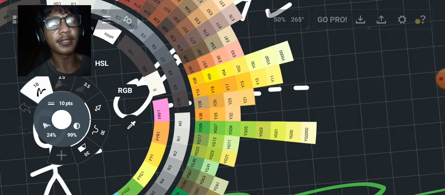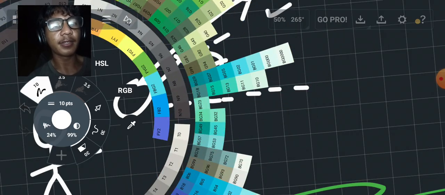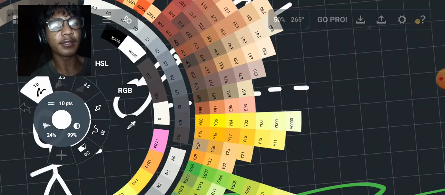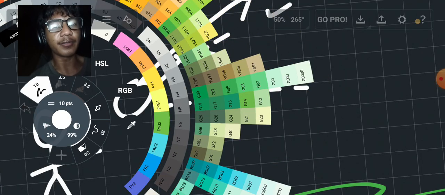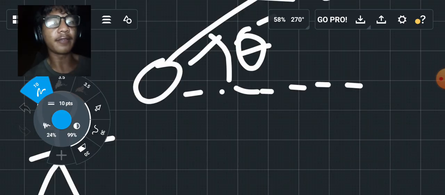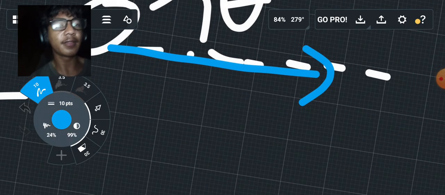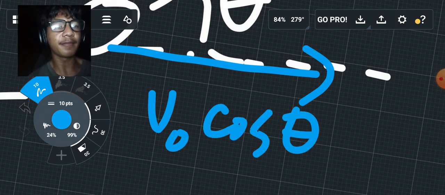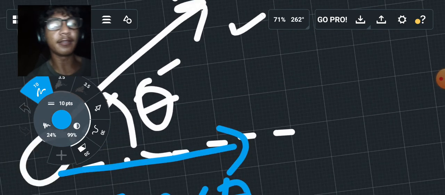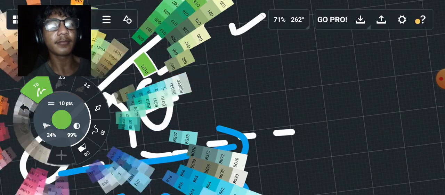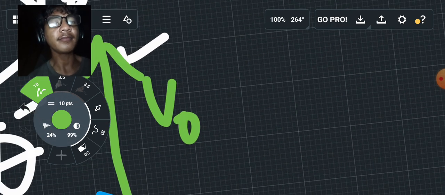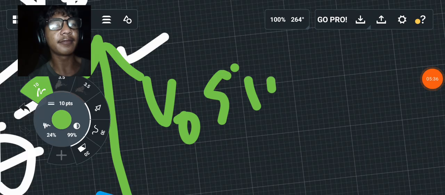Here we have, for the x direction, your v naught, or initial velocity, cosine of theta. And for y, we have v naught sine theta.